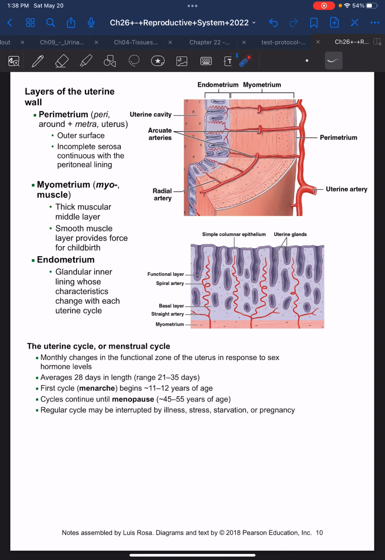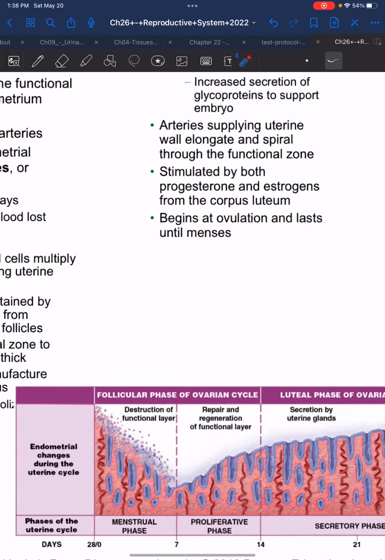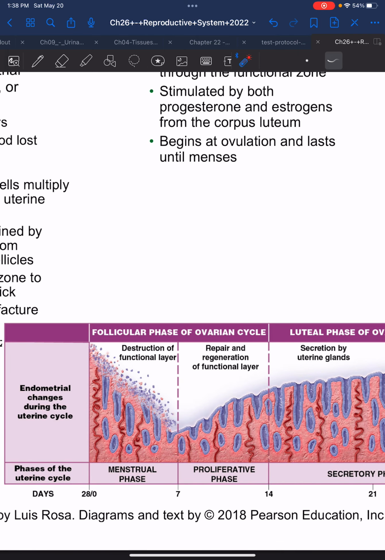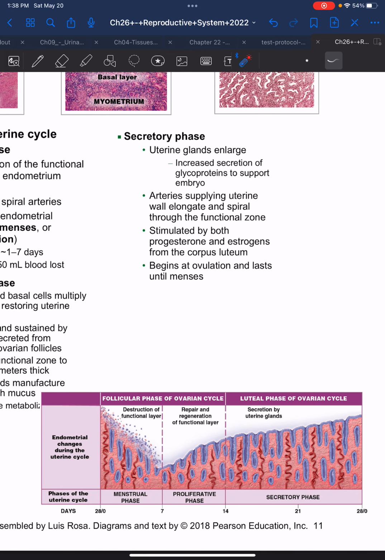So we're going to have to switch to the next slide to see it, and then we'll finalize it with what these little points are. When we look at the phases of the uterine cycle, you'll see that this is on average a 28-day period. Everybody's different. Female anatomy will be different between individuals, and this could be genetic differences, it could be health differences, it could be a few things.